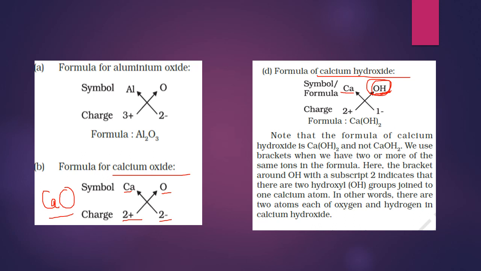Here the bracket around OH with a subscript 2 indicates that there are 2 hydroxyl OH groups joined together with one calcium atom. In other words, there are 2 atoms each of oxygen and hydrogen in calcium hydroxide. So this was a different case of calcium hydroxide that I explained over here.